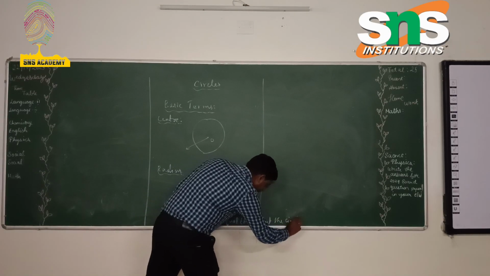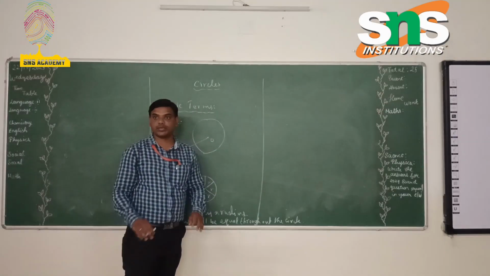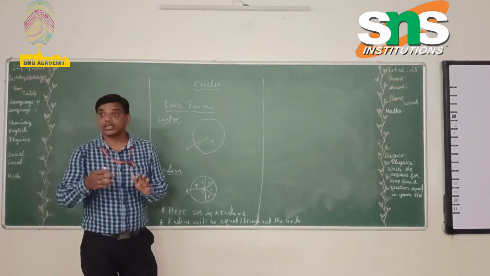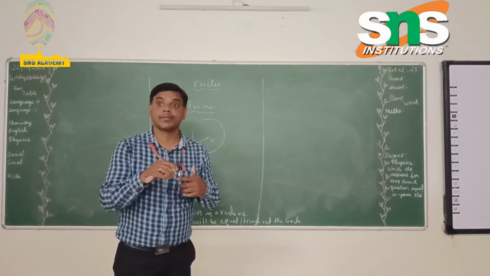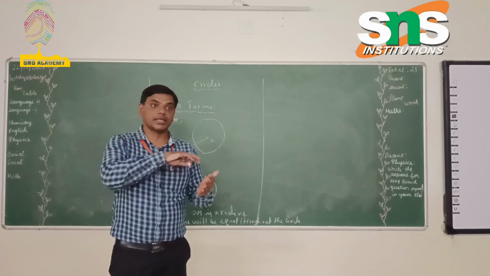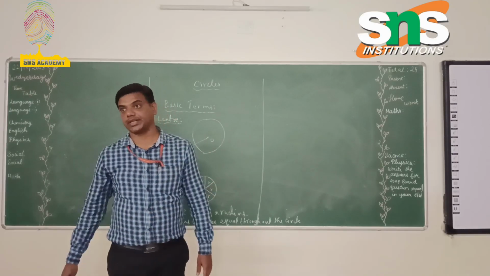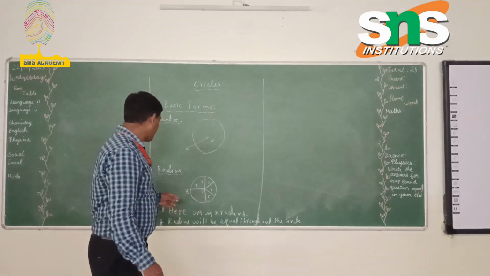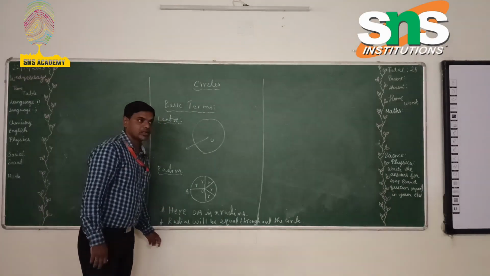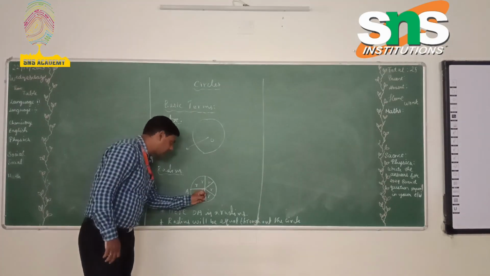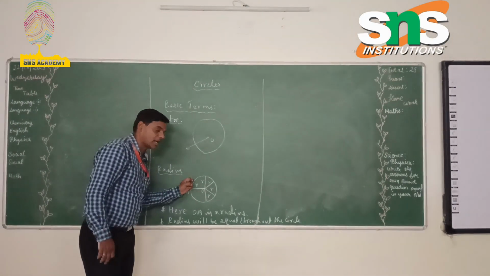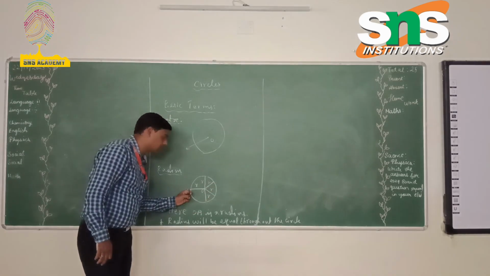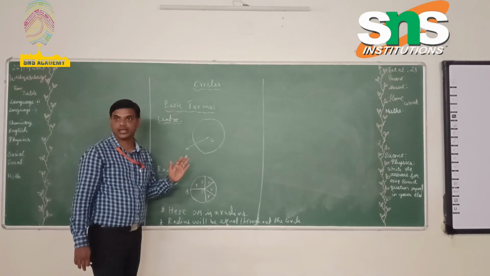Then only we will get the exact shape of a circle, or else it will be oval, or some other different shape. Understand? So the radius is very important for circles. The line which you draw from the center to the end of the circle is called radius. Any doubt on that? Fine.